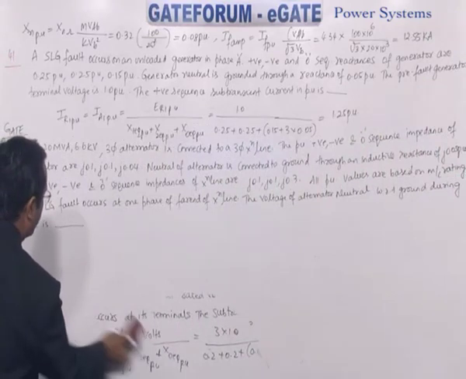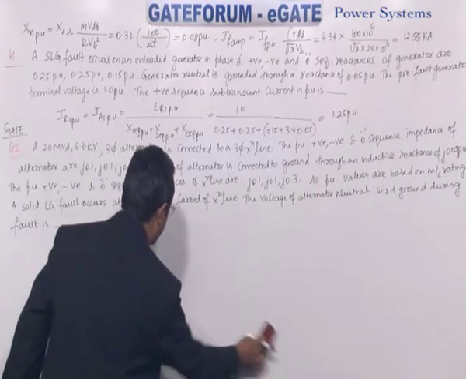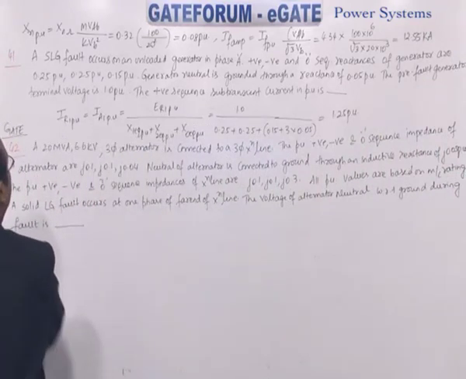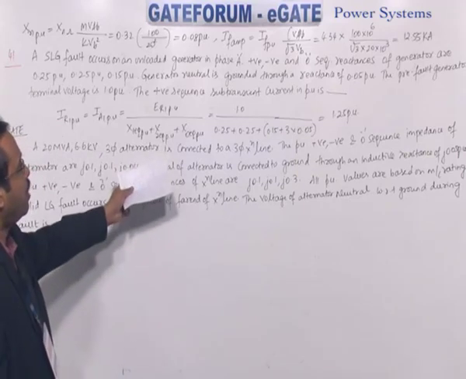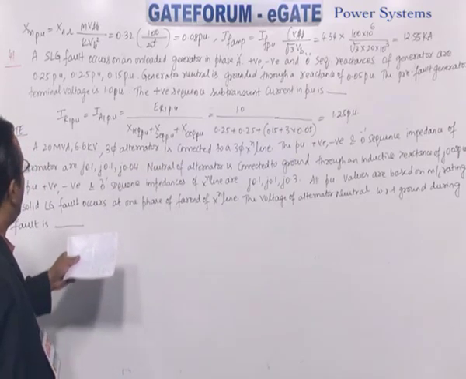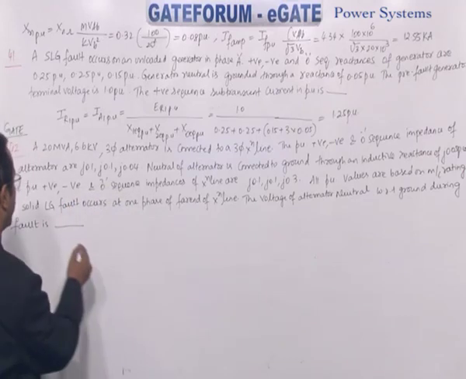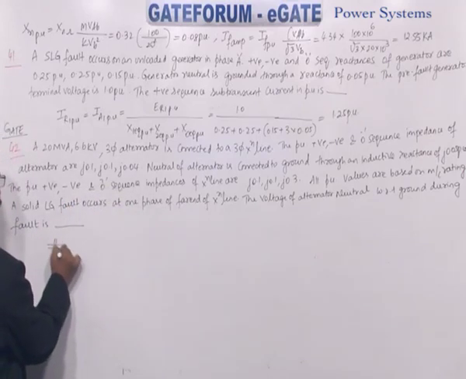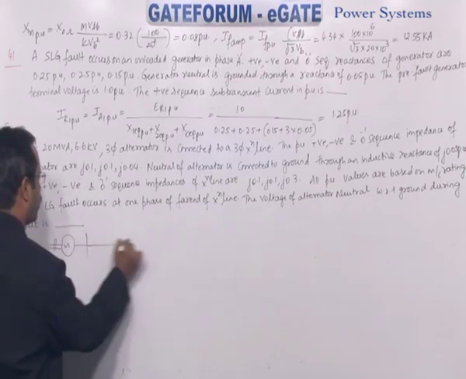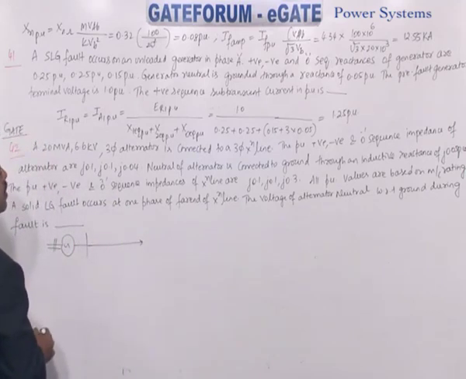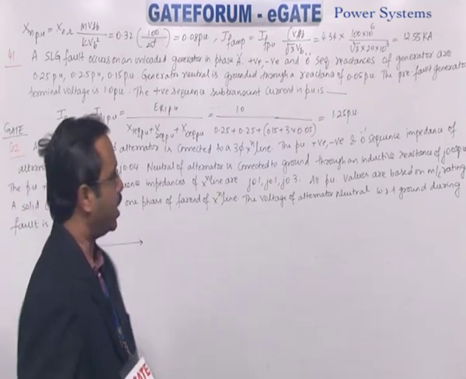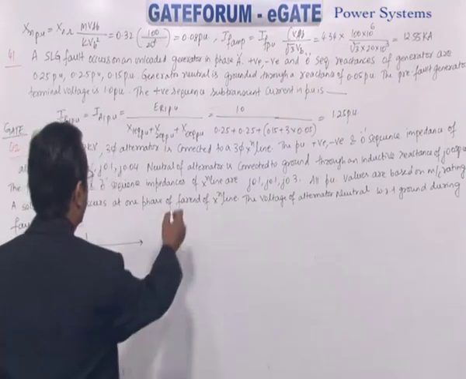If you check the question, you have two power system components. We have the alternator, whose data is given, and further the line data is given. So first we have an alternator followed by a transmission line, and the fault has occurred at the far end of the transmission line.